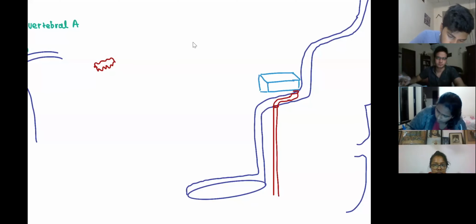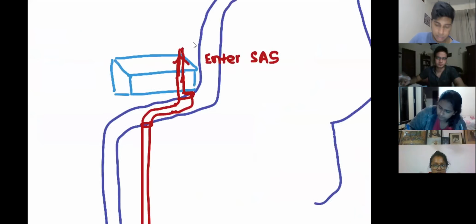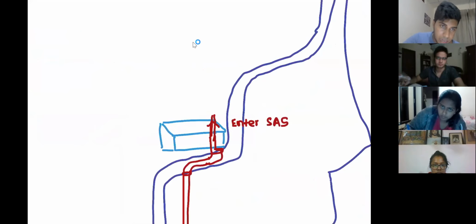What I need you to know is this will penetrate through the cavernous sinus and enter the subarachnoid space. Okay, it will enter the subarachnoid space. And what do we have here?